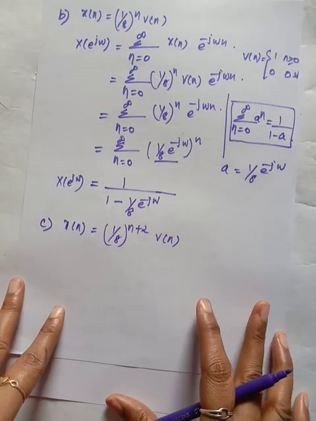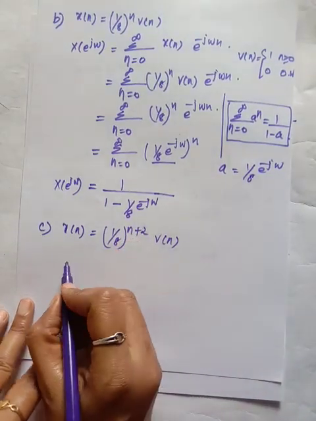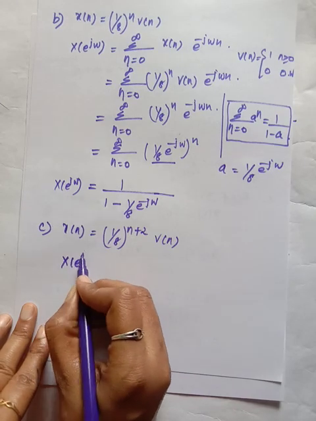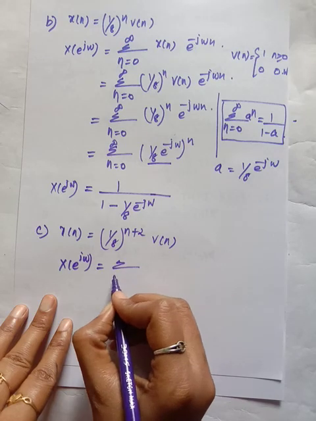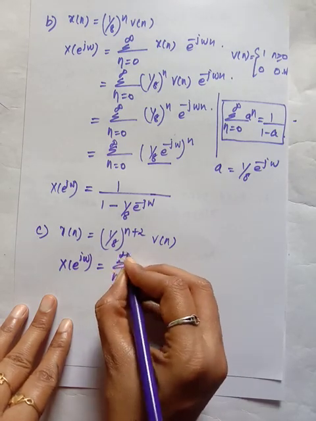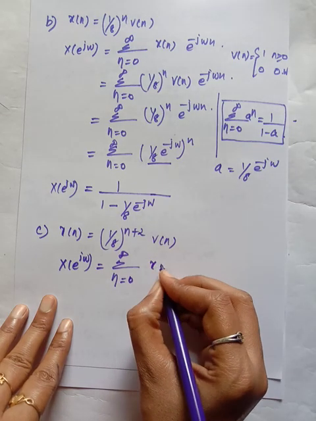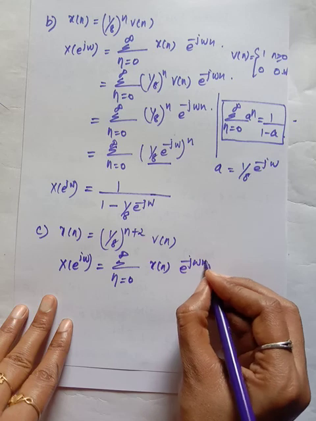Now the same problem, but here I am having n plus 2. So it is very simple. So the same formula I am going to apply. So summation n is equal to, here it is u of n, so 0 to infinity x of n e power minus j omega n.